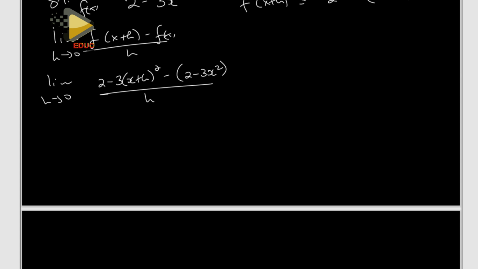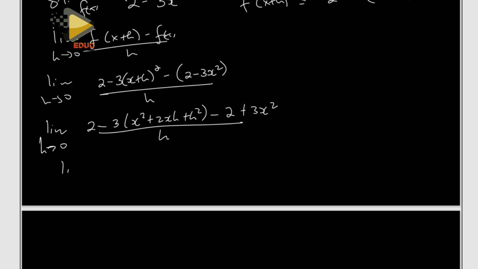Then I simplify this. Limit as h tends to 0 of [2 minus 3(x squared plus 2xh plus h squared)] minus [2 minus 3x squared], over h.